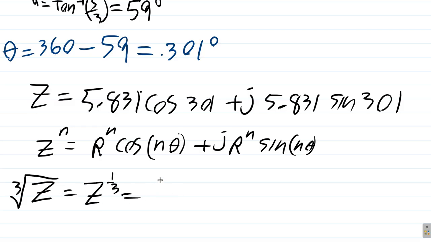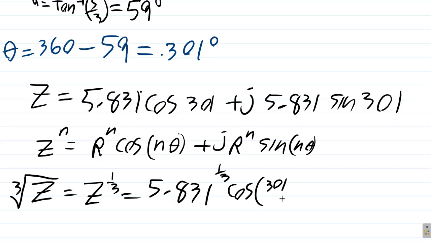It's going to be 5.831 to the 1/3 cos 301 over 3.